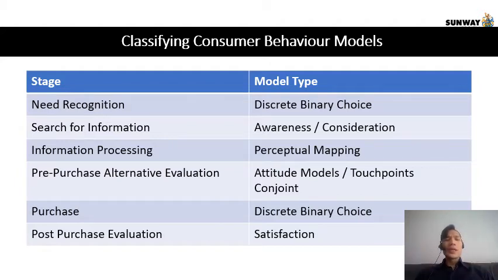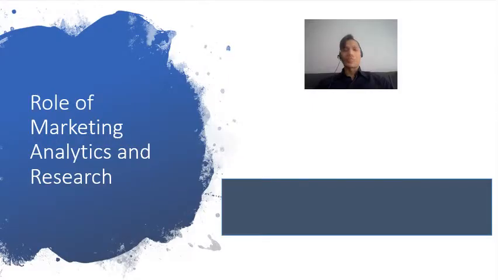Before they purchase, they look at pre-purchase alternative evaluation, which is where they look into alternative models and touch points of attitude models, kind of like conjoint analysis of a particular product or service, or the features and products that appeal to them. Then finally they make their purchase, again whether they purchase or not. And for post-purchase evaluation, we can look into a regression model to gauge their satisfaction.